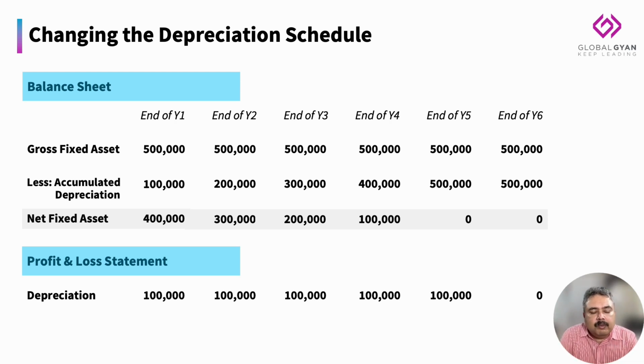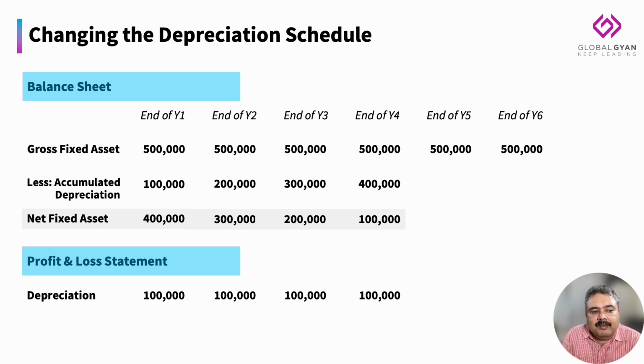Right? And therefore, what would you do? In this case, let's just say end of year four, you've determined that it's not just 5 years, this asset will be used for 2 more years, till at least end of year six. So you're going to change the numbers for year five and year six.